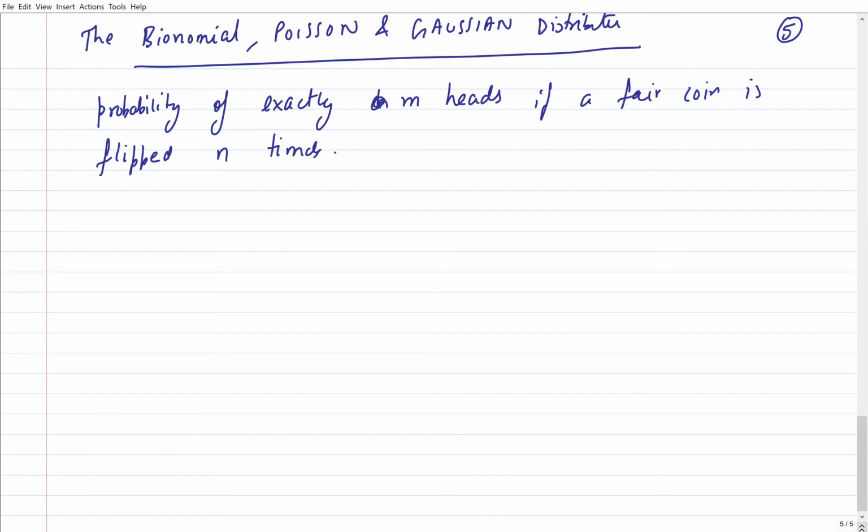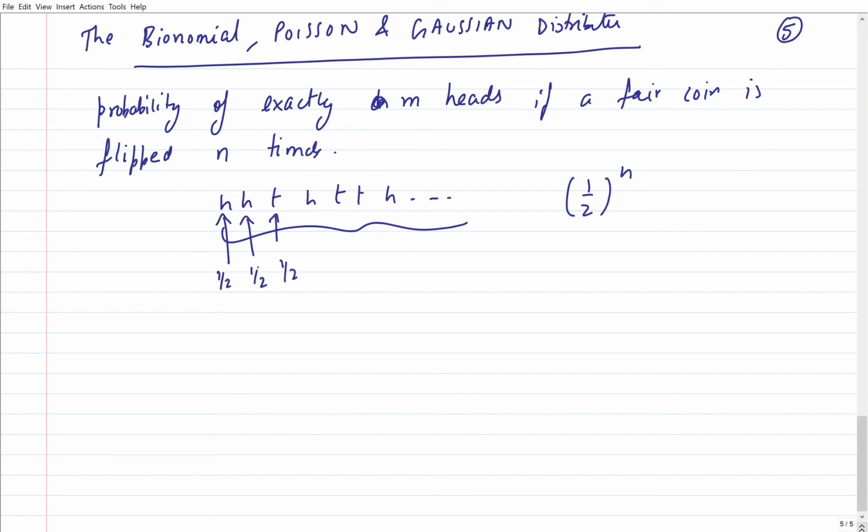The result of n successive coin flips can be represented by a sequence. So it can be like H, H, T, H, T, T, H, and so on. So the probability of one of these sequences is just 1 over 2 to the power of n, because the probability of getting heads is 1 by 2, the probability of getting tails is 1 by 2, and since these are all independent events, that's the multiplication of all of them.